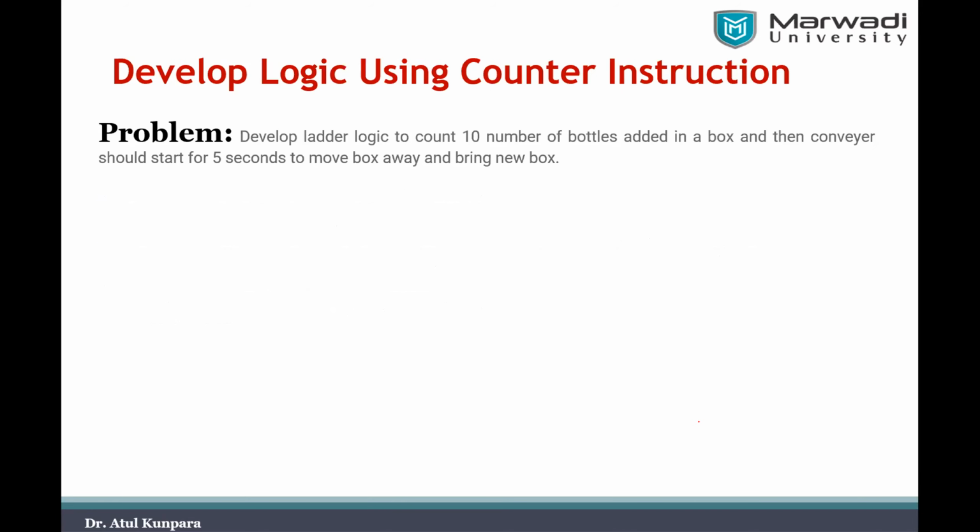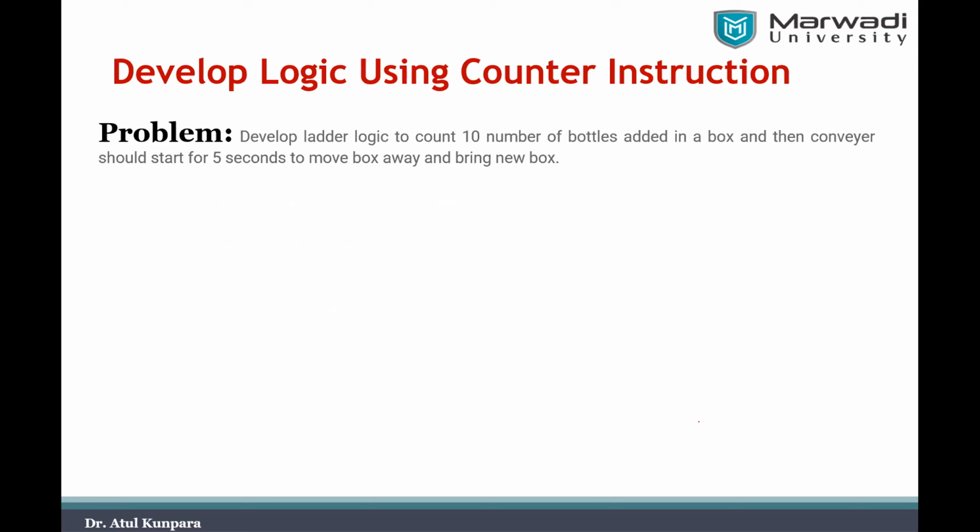Develop one more logic by using the counter instruction. It is again a very small logic. It is also going to be done in 2-3 rungs only, right? So everyone please make use of the counter in developing this logic.